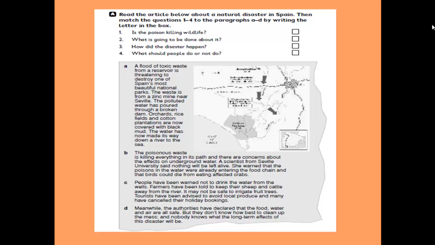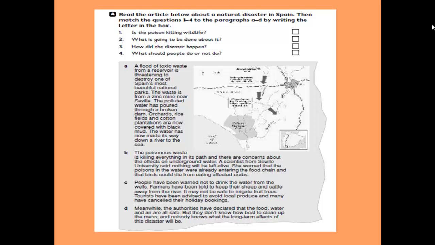Now let's do exercise number A in our workbook, page number 29. Read the article below about a natural disaster in Spain. Then match the questions from 1 to 4 to the paragraphs from A to D by writing the letter in the books.